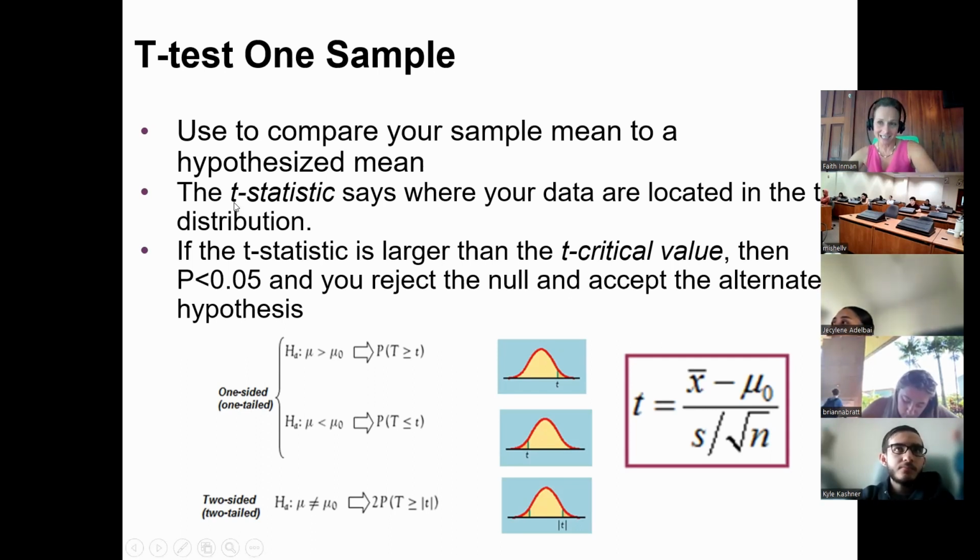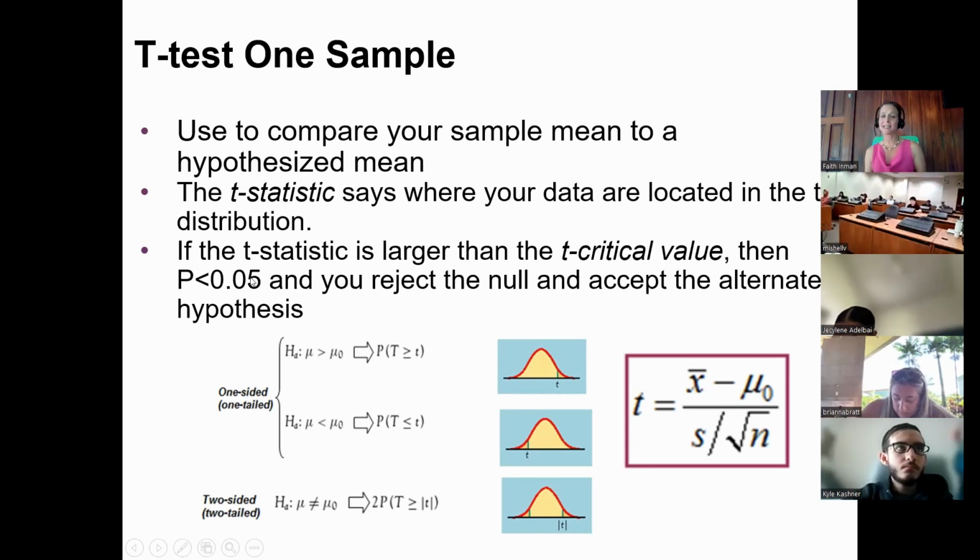The T statistic is a statistic that we calculate that says where your data are located in the T distribution. The T value, also known as the T statistic, will show up over in one end of the distribution or the other end of the distribution if the p-values are small.